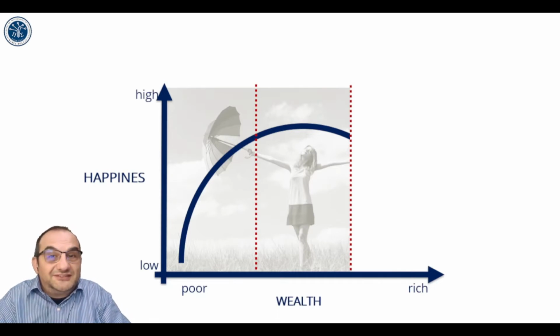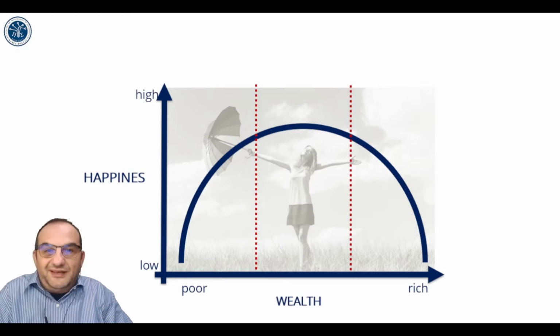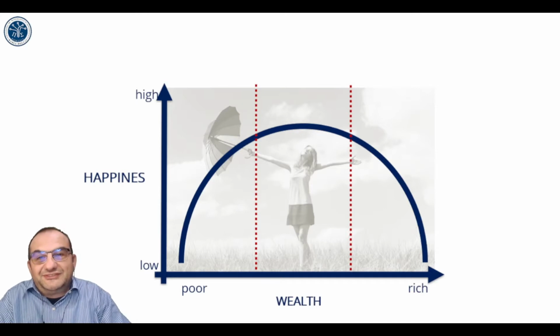And after a certain point, which of course differs from one person to another, any wealth increase will negatively impact happiness. Well, if you don't trust me, if you believe this is not true, it's maybe because you didn't have enough money up to now. I'm in the same situation, but this is the result of those researches.